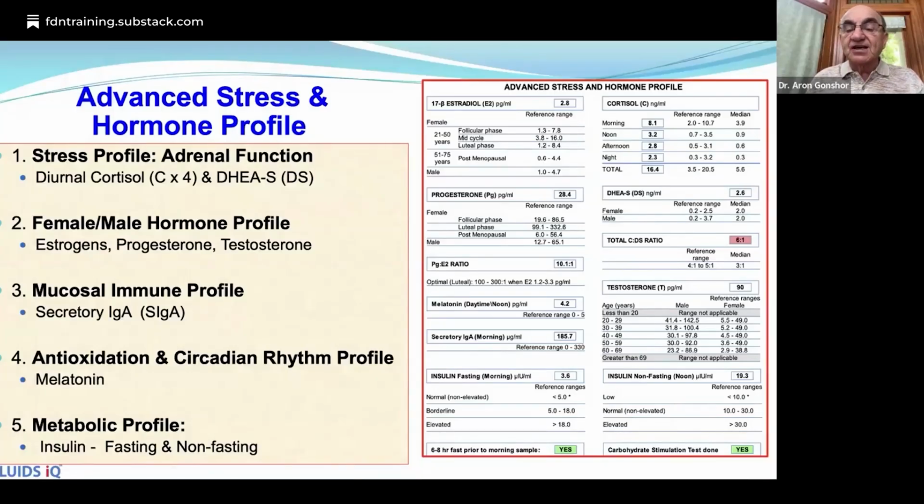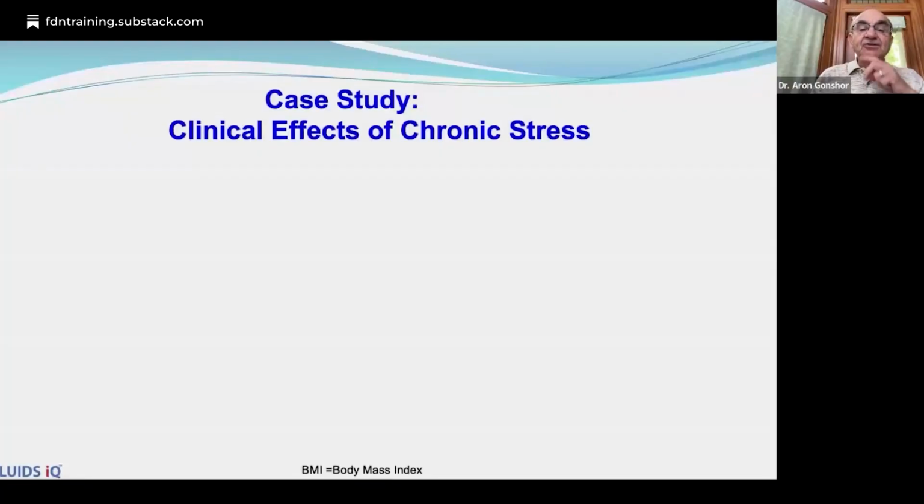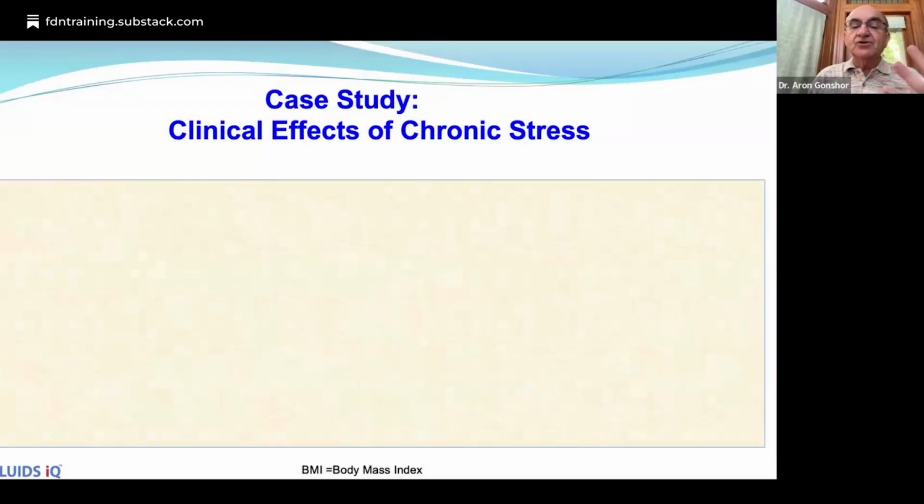You may want to look at those again to get a general idea of this very powerful profile, which brings together stress, sex hormones, mucosal immune function, antioxidation and circadian rhythm, and of course, metabolic profile. And to end, I'm going to look at a case study to give you some idea of the clinical effects of chronic stress, because that's why we're trying to do this, to show you how these interrelate.